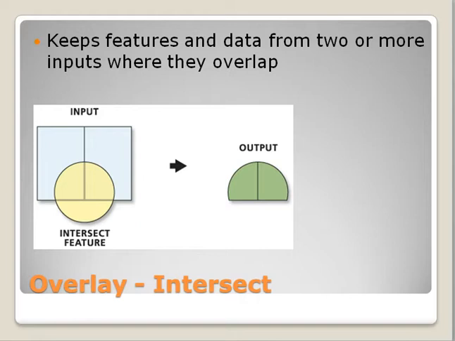So maybe this is land use, and the blue means urban land area, and the circle is an area of soil contamination. If I intersect or overlay these 2, I get a polygon that shows what the land use is and where the contamination was.